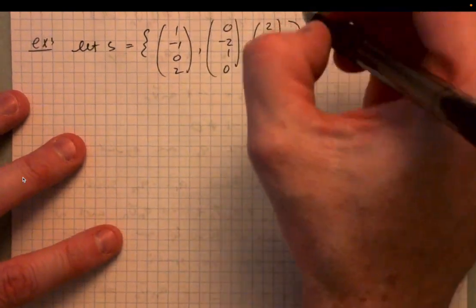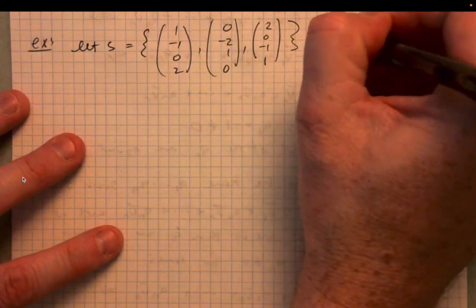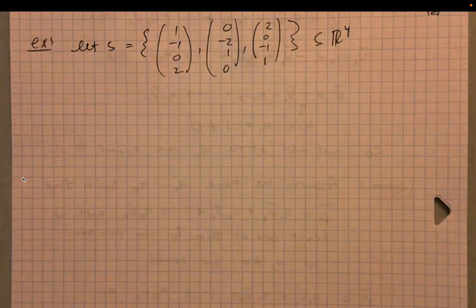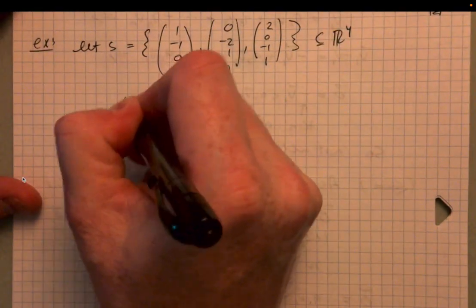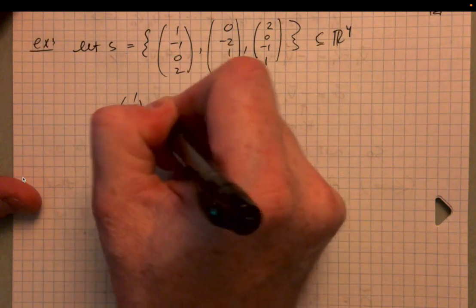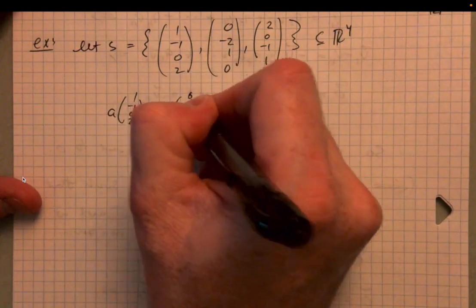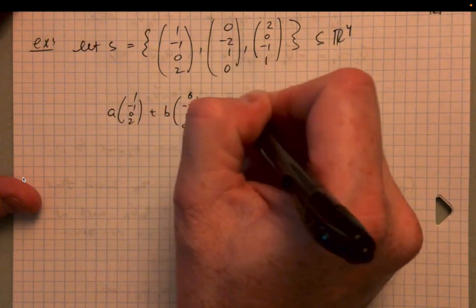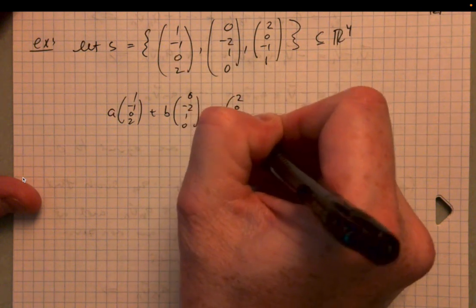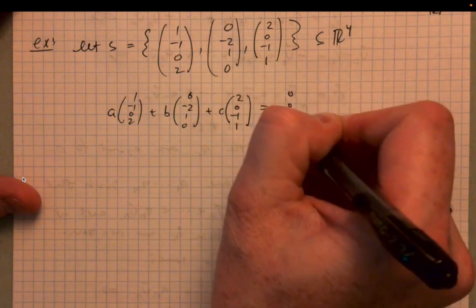And so it's this subset of 3 vectors from R4. Okay, now let's consider a homogeneous system built on these 3 vectors. So A times (1, -1, 0, 2) plus B times (0, -2, 1, 0) plus C times (2, 0, -1, 1) equals (0, 0, 0, 0).